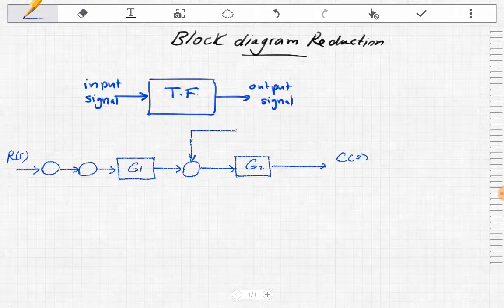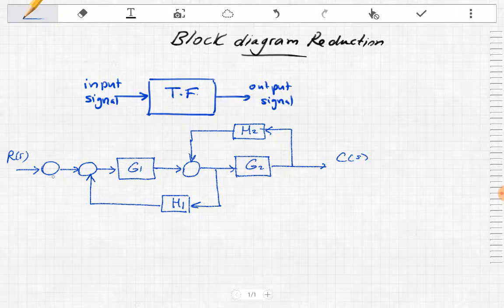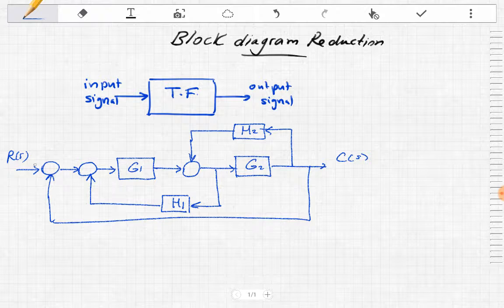We have something here called H2 coming from the output C, and maybe you have something going to H1, and another one coming from C. And if you put the signs, this is positive, this is negative, and this is positive, positive, and here positive, negative. Do you see? This is the block diagram for the whole system.